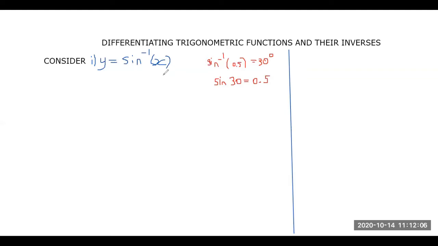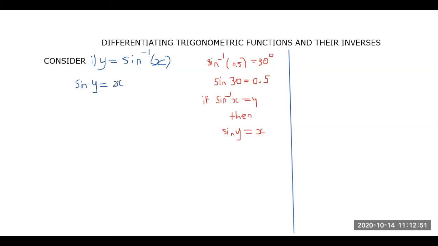So from this, what this question is telling me is that the sine of y is equal to x.